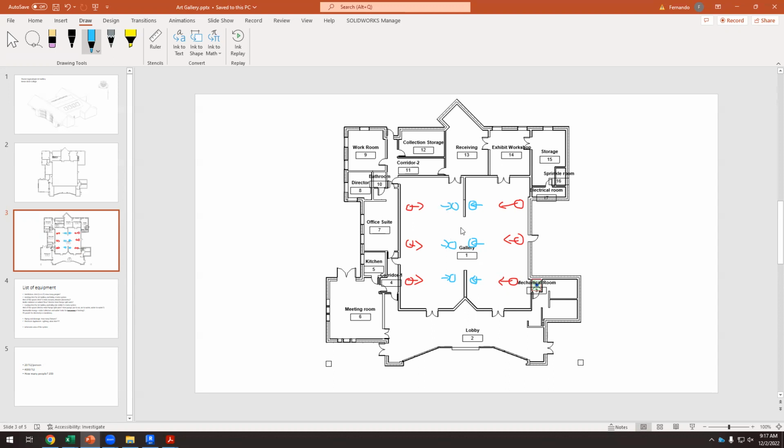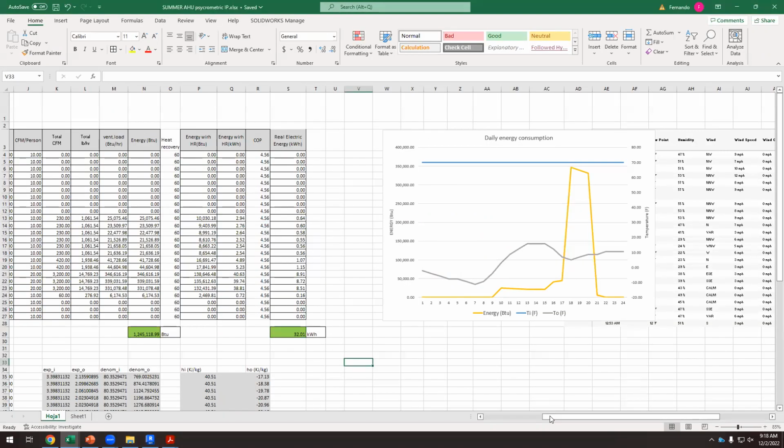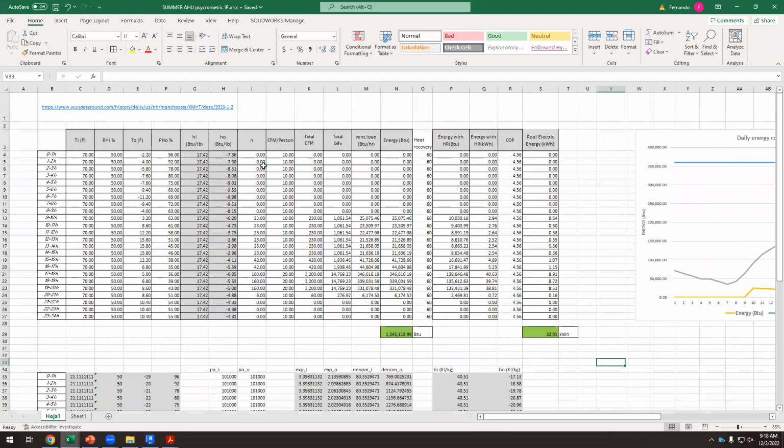What's the CFM of each diffuser? 20 per person. Okay, let's go back here.